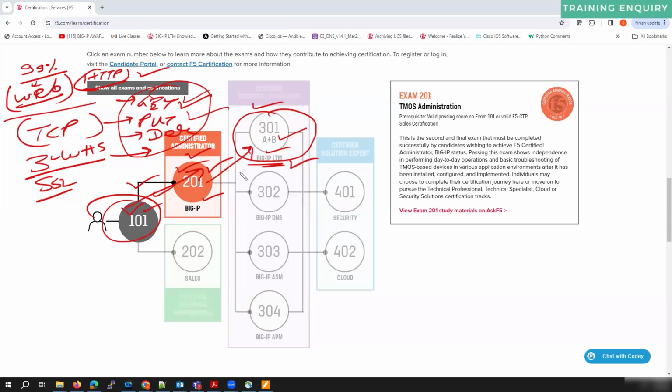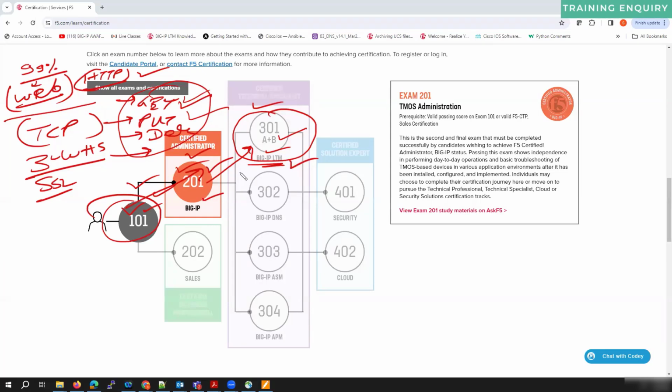Because if you are going for the LTM training, then we have to add that prerequisite that you must have the 101 and 201 sort of knowledge. And we get very few people who are already working on BIG-IPs and have some prior knowledge about BIG-IP and the basics like HTTP and all that.